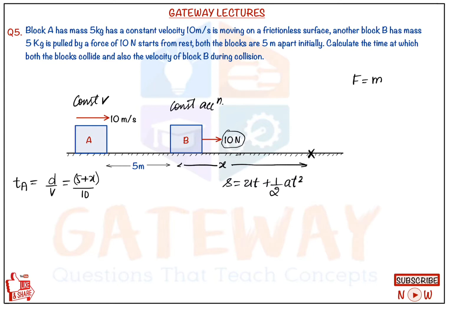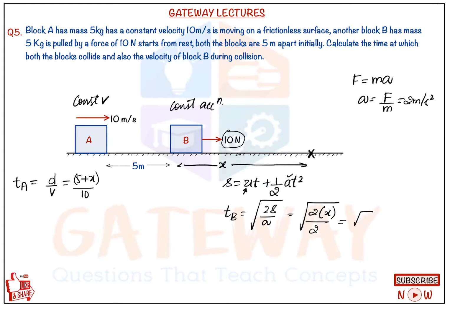Since it is a constant force and constant mass, acceleration will be equal to F upon m, which is 2 meter per second squared. The initial velocity is 0, so TB is root over 2s upon a. Block B travels the distance x, so this is root over 2 into x upon 2, nothing but root over x.